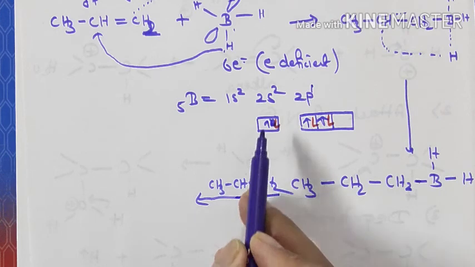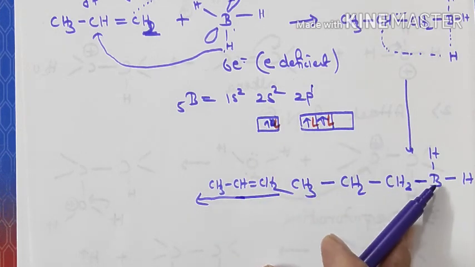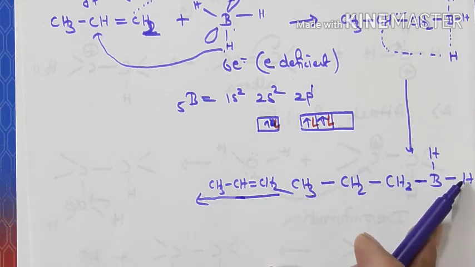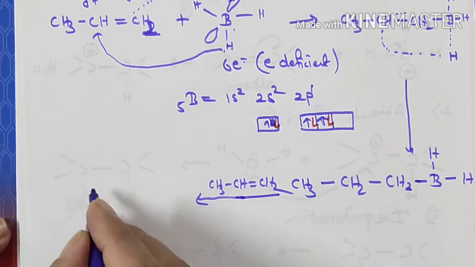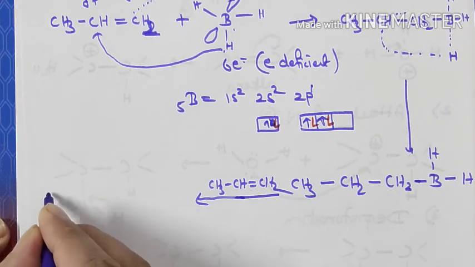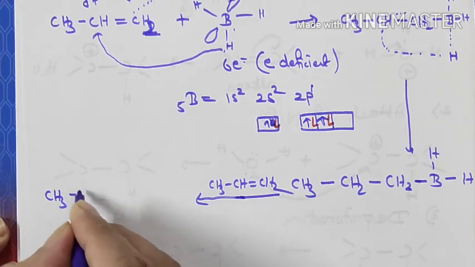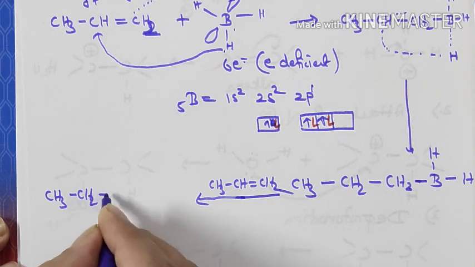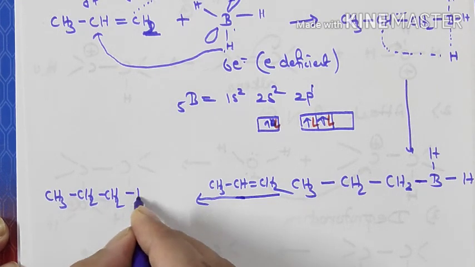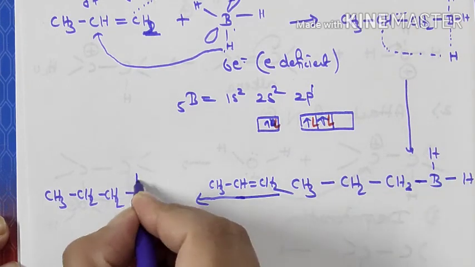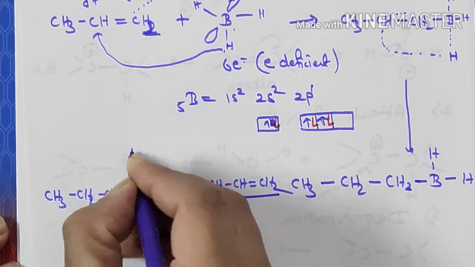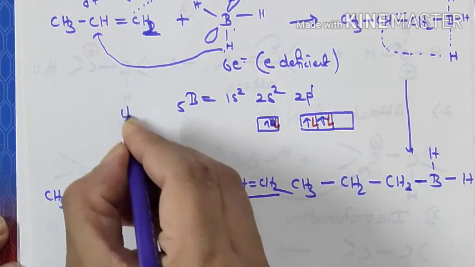Again this carbon is going to put its electron in the empty orbital. Again boron is going to give the electron to the hydrogen. Hydrogen will again come and combine with this. Are you getting it? And the product obtained will be what? Let's see. CH3 CH2 CH2 B. If I remove this hydrogen, again I will get CH2 CH2 CH3.